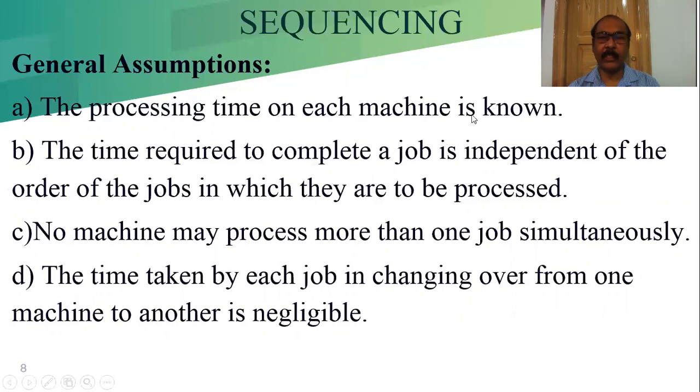Processing time on each machine is known. When a job is processed or executed in a machine, that process time is known. Suppose job J1 is processed through the machine Mr, that time is known to us.